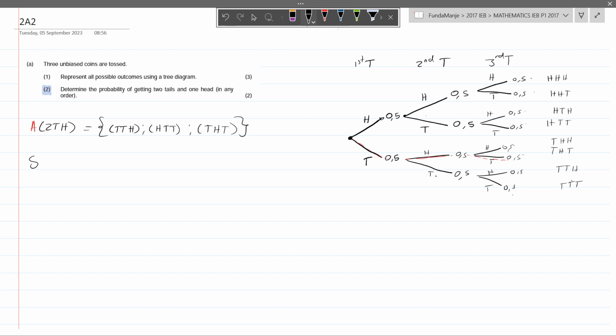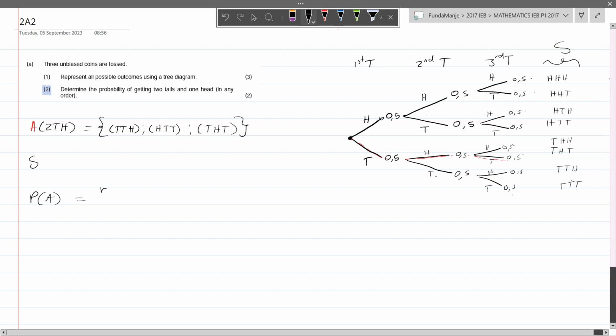But since our sample space consists of all of this, this is our entire possibility of events, and there are 8 of them, all with an equal likelihood of occurring, which means the probability that A occurs would be the number that's in A over the number that's in S, the sample space. In A we have 3, and in the total sample space, we have 8. So our answer would be 3 over 8.